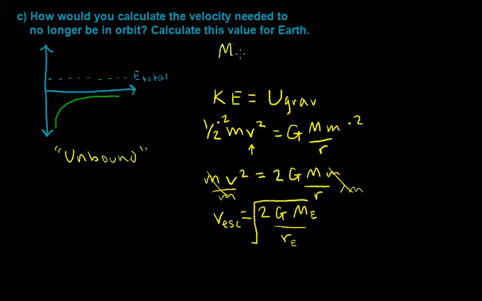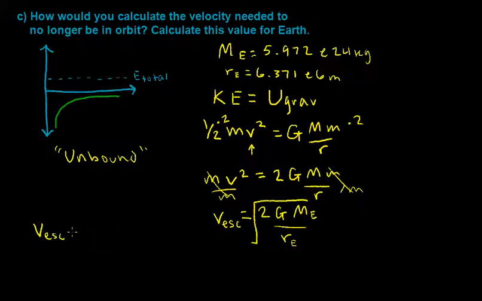The mass of Earth is equal to 5.972 times 10 to the 24th kilograms, and the radius of Earth is equal to 6.371 times 10 to the 6th meters. And we know our big G constant, hopefully, so we can just plug these values in.